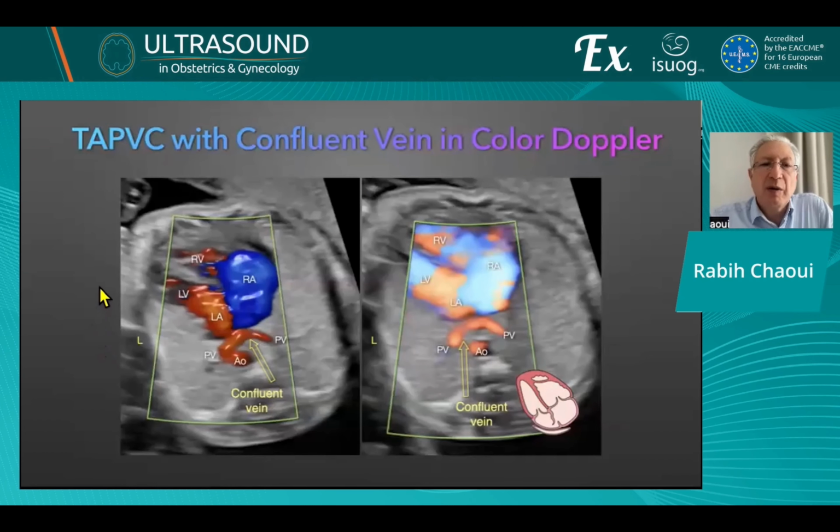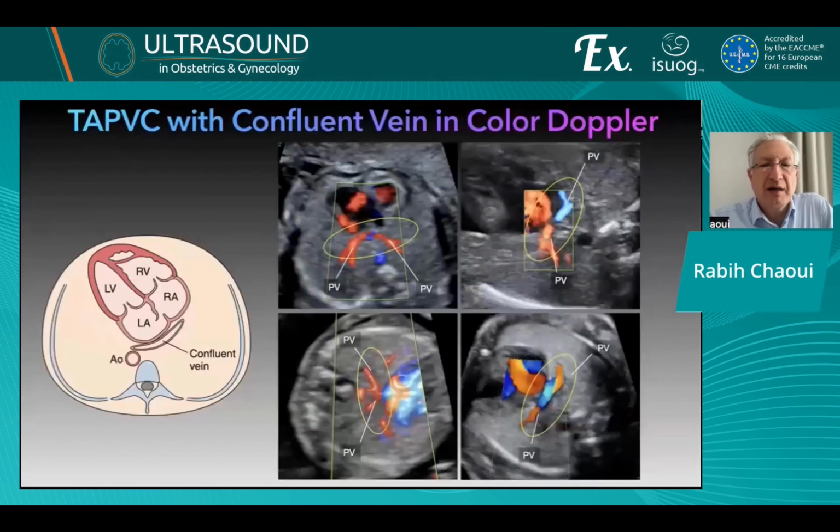By adding color Doppler, you have to be careful, because you will see color Doppler there, but you don't see the separate entrance of the veins into the left atrium. They are close to each other. So if you see veins close to each other, be careful not to cover the diagnosis with color Doppler. And this is the typical picture of the confluent vein with the area behind the heart enlarged.